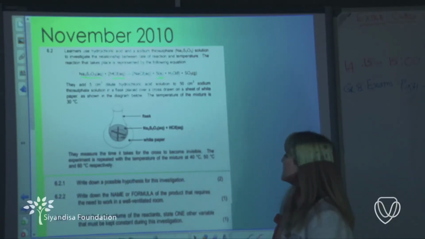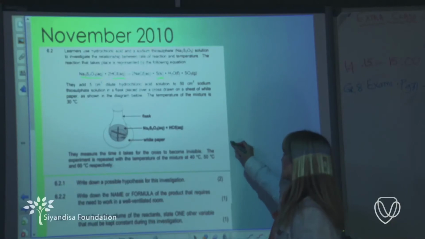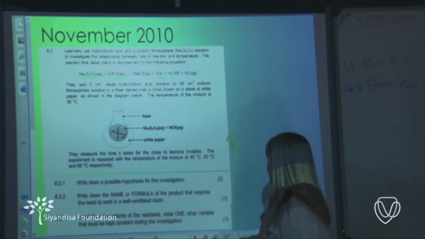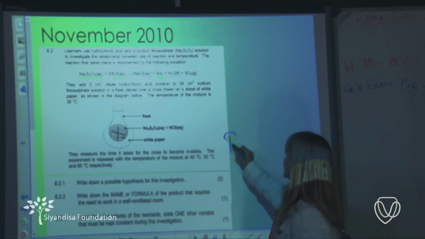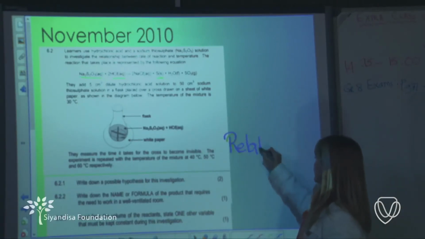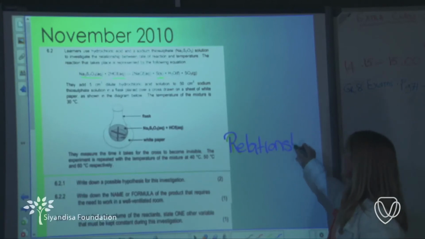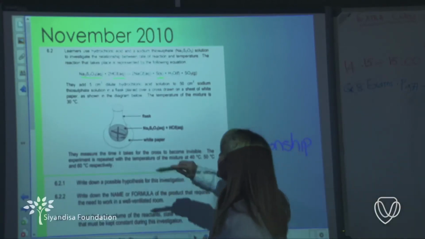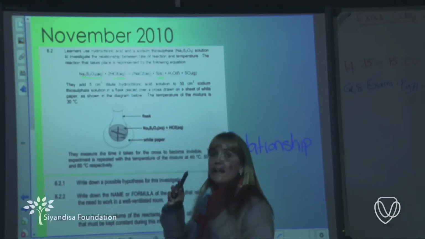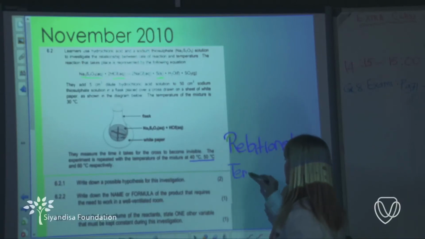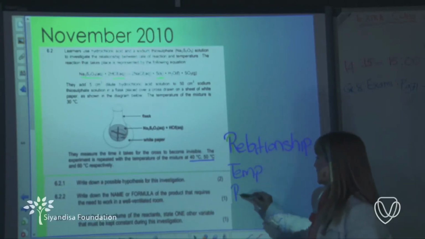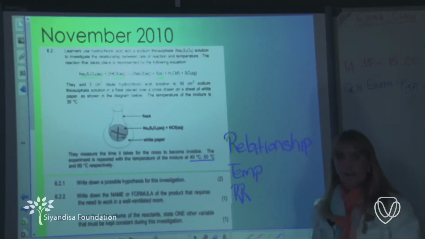Right, question 6.2.1. Write down a possible hypothesis for this investigation. Now remember that a hypothesis always has to speak about the relationship between two variables. Now, what are our variables? The learners are looking at the effect of temperature on the rate of a chemical reaction.